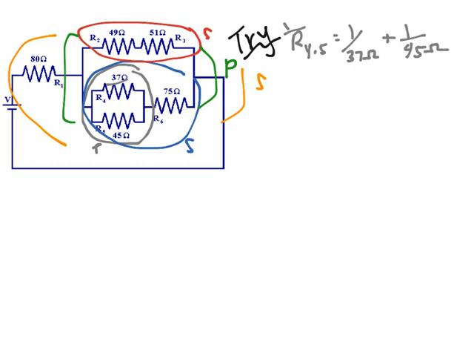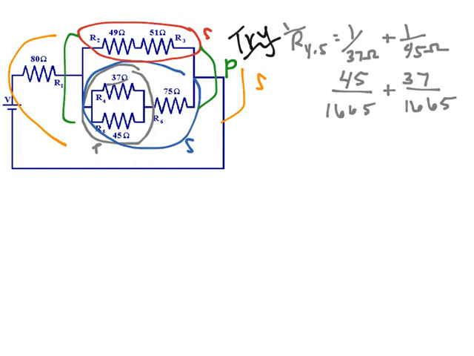This is a really ugly number to find the lowest common denominator for, so I would just multiply them by each other. 37 times 45 is 1,665. That's probably the fastest way to do this, because those are ugly numbers.